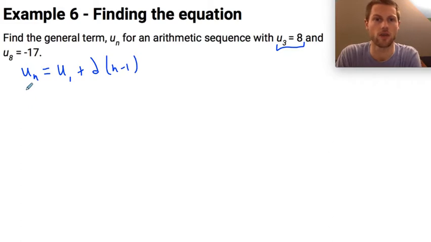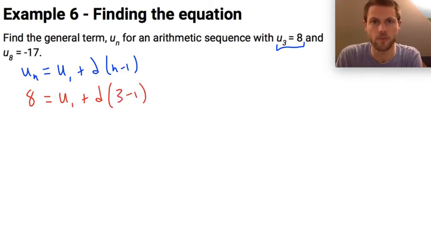So u sub 3 is 8, and that's going to equal u sub 1 plus some common difference times the n is 3, so 3 minus 1. And then we can simplify this to say 8 is going to equal u1 plus, and it simplifies to 2d.